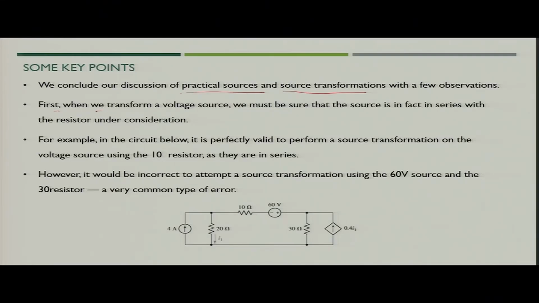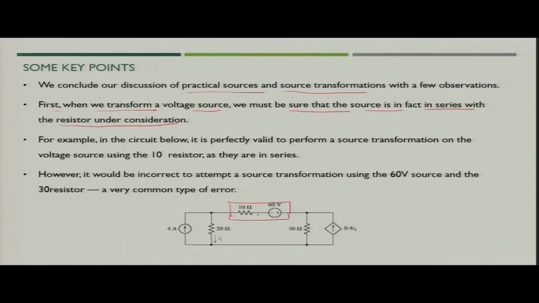First is that when we transform a voltage source, we must be very sure that the source is in fact in series with the resistor under consideration. Say for example, if you see the circuit below, it is perfectly valid to perform source transformation on the voltage source and the 10 ohm resistance, which is in series with the voltage source.